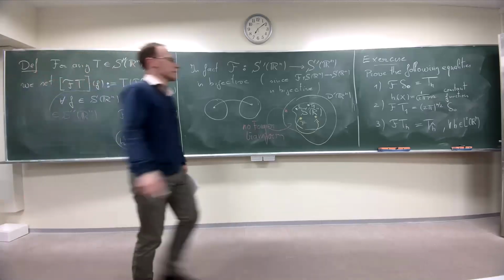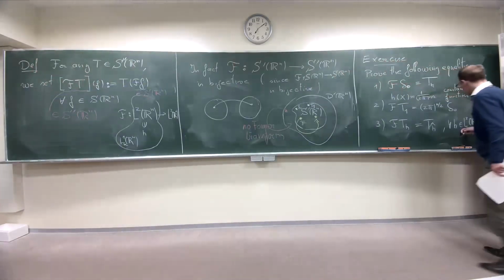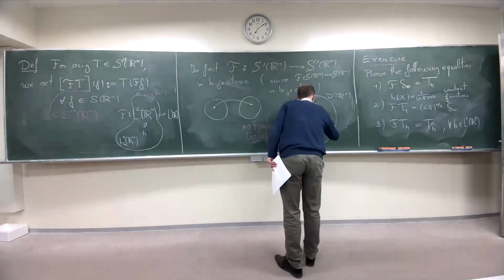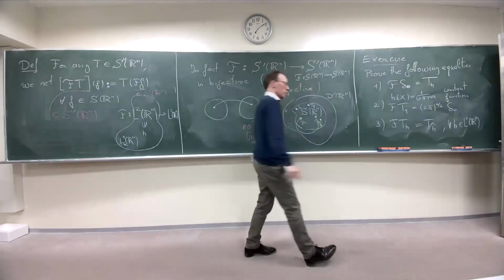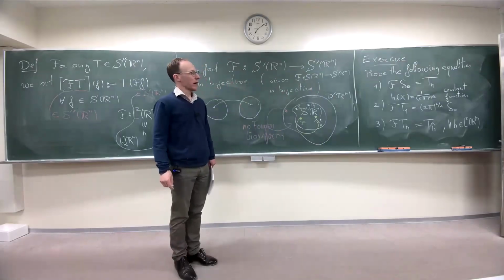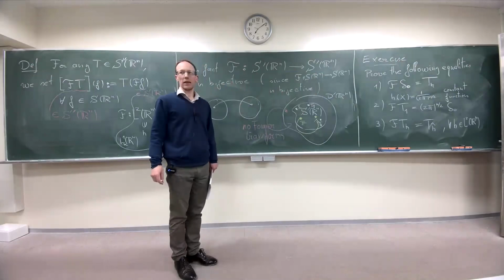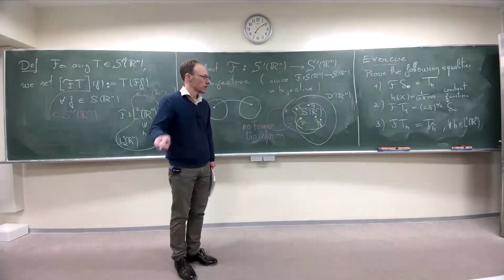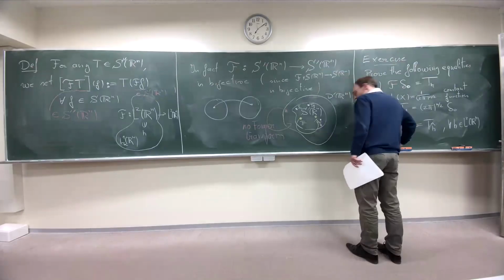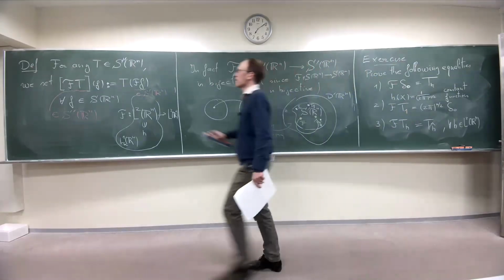So the claim is, for h in L2, T_h is again a tempered distribution, and its Fourier transform is a regular distribution given by the function h hat. This is not difficult if you just write the expressions. This is essentially what you wanted to have before. Now it's well defined.